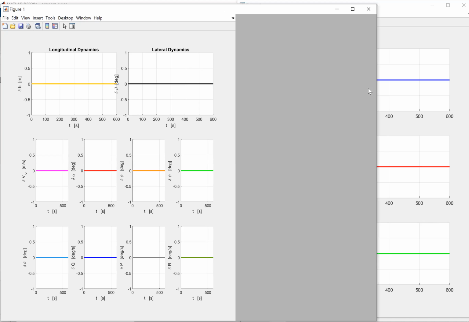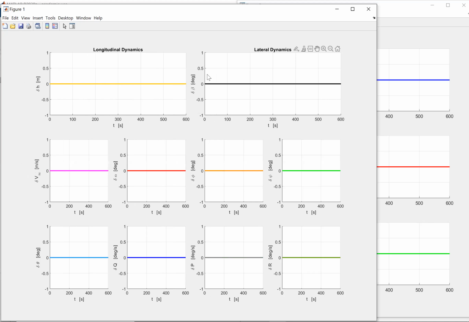So I divided into parts the longitudinal dynamics and the lateral dynamics. The 5 plots to the left contain all the states that define the longitudinal dynamics, whereas the 5 states on the right represent lateral dynamics. Now everything is 0 because the initial condition is 0.